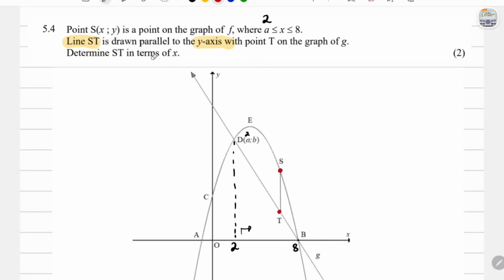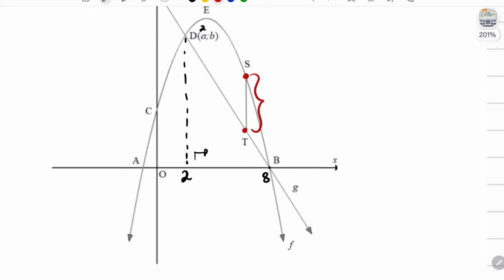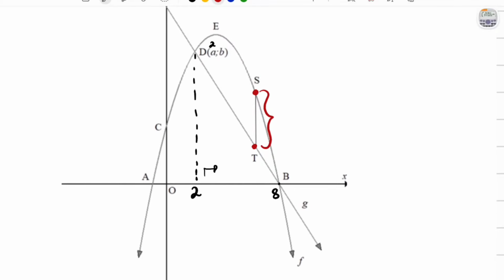And you need to determine ST in terms of x. So you have to determine the distance of this line in terms of x. Because they didn't give you x and y values, that's what we're going to have to do. So in order for us to actually do this, think about how you calculate the distance of a line, because ST is really speaking about the length of ST.